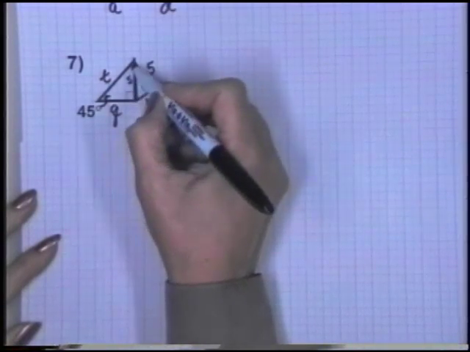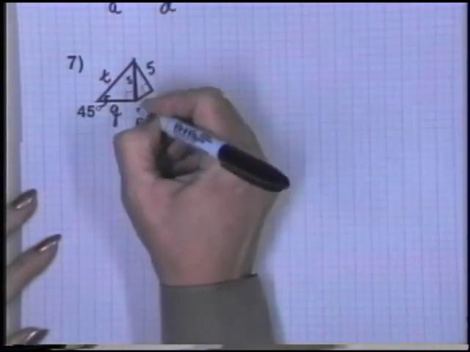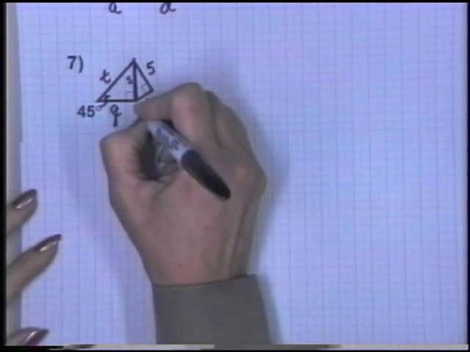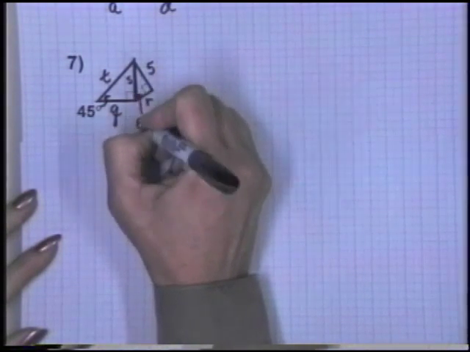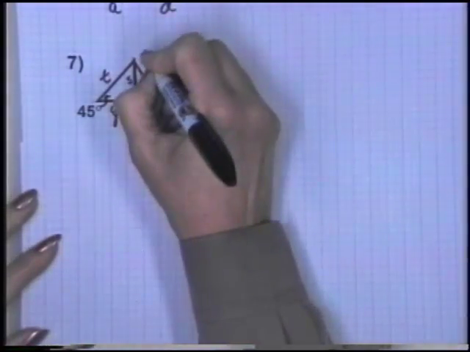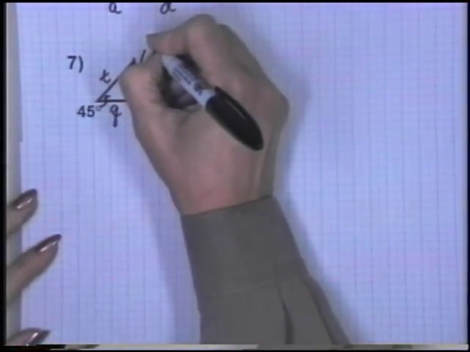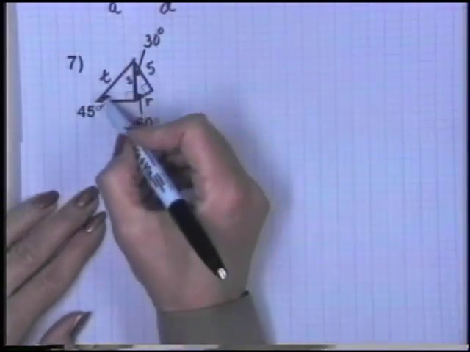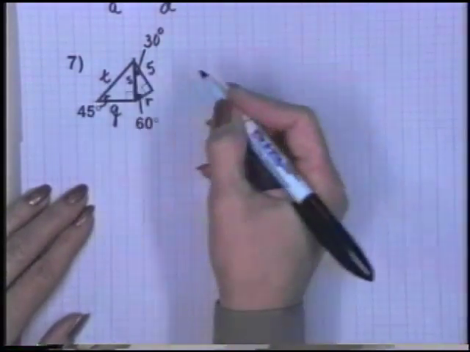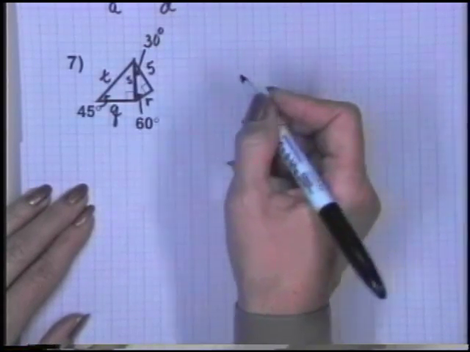It makes it a 45-degree angle, so this is an isosceles right triangle. And then for this second little triangle, this angle right here is the 60-degree angle, which of course makes that angle measure 30 degrees.